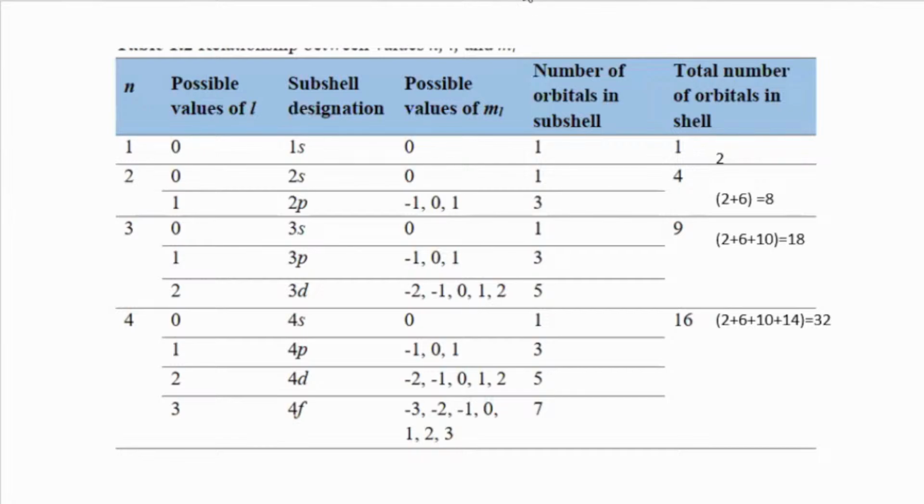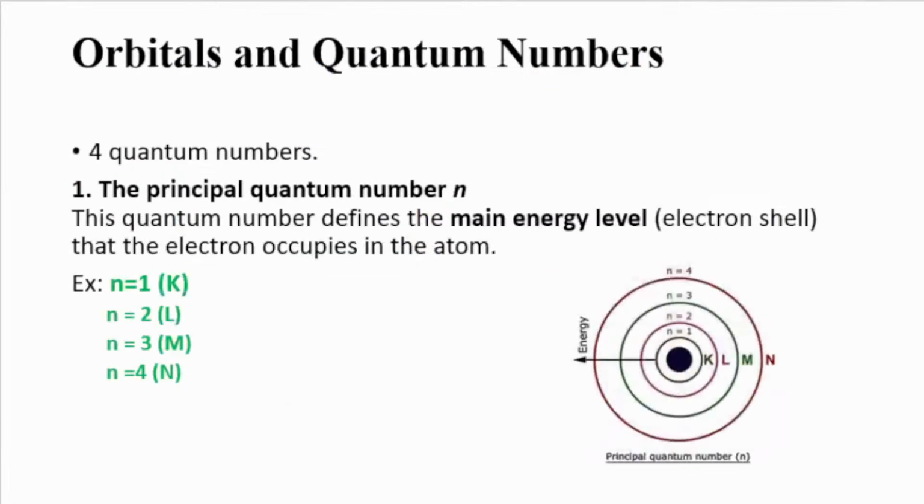Okay, 1, 4, 9, 16 is the total number of orbitals. Here n is the principal quantum number.